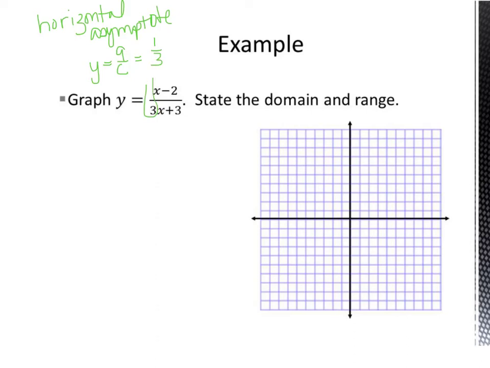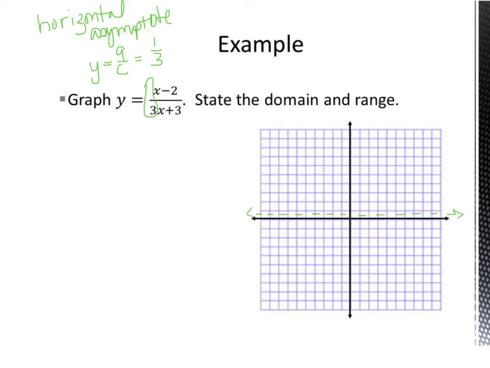All right, so we're going to have a horizontal asymptote at a third. Tell you what, we'll draw it in. We'll see how close I can get to a third. So it's down here. It's at a third, so we came a third up.